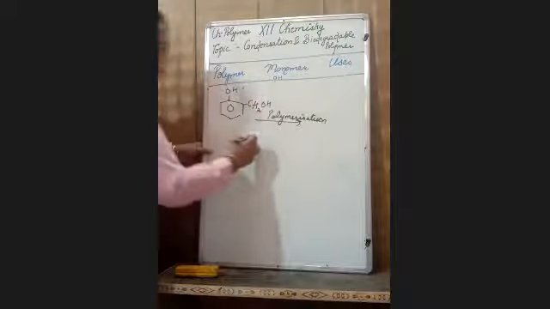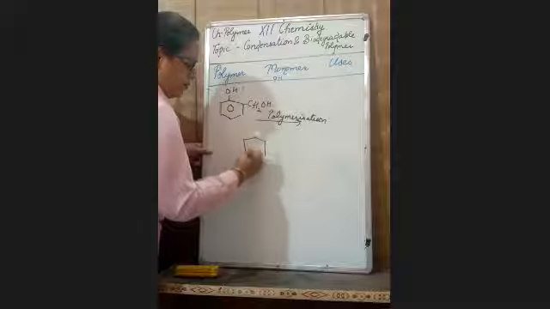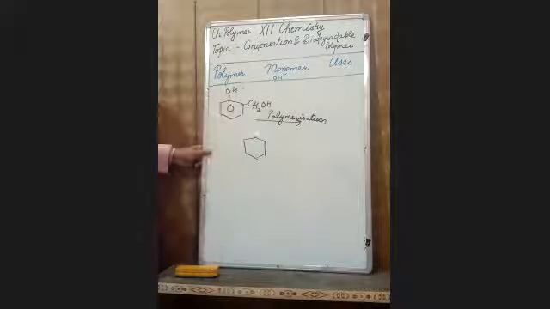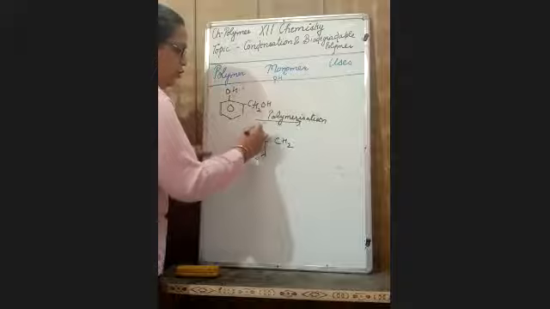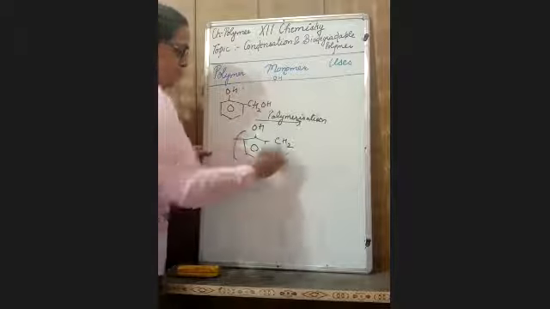known as Bakelite. First, it will form your linear polymer, that is Novolac. You can stop your reaction up to this part.